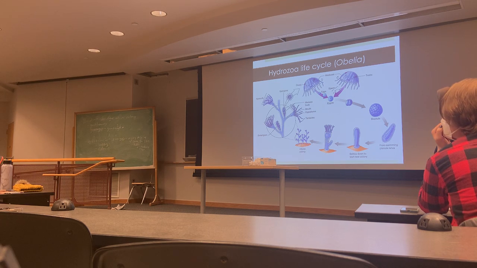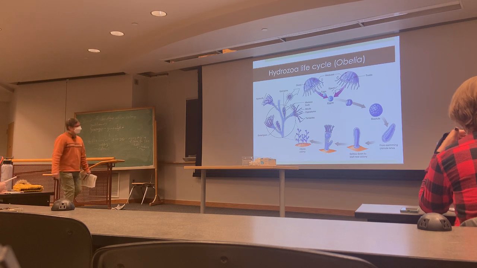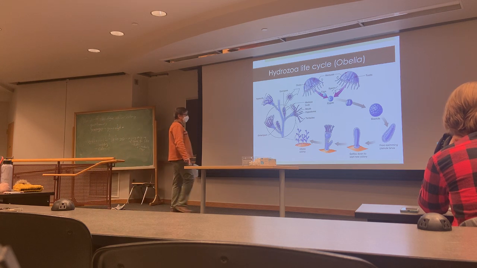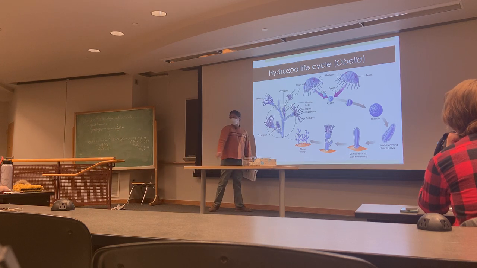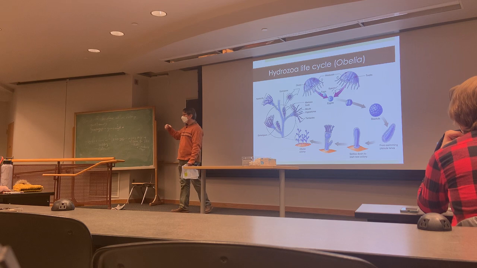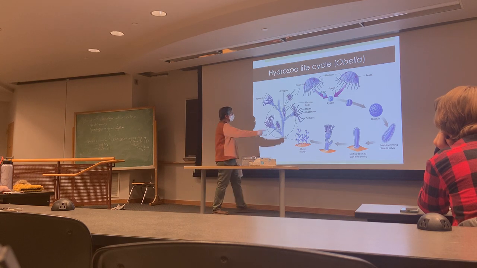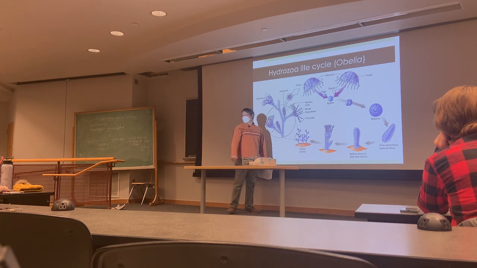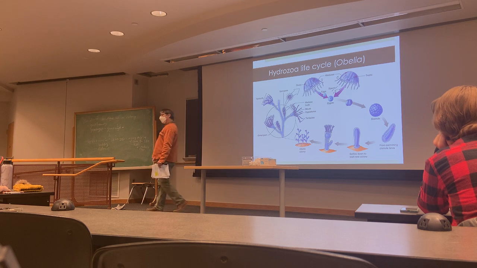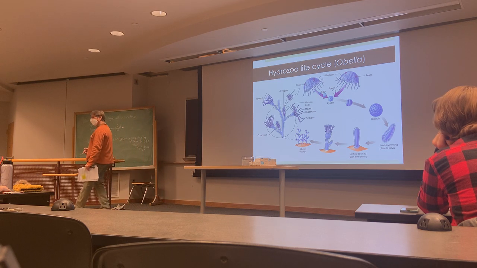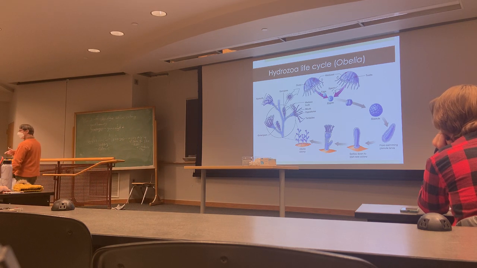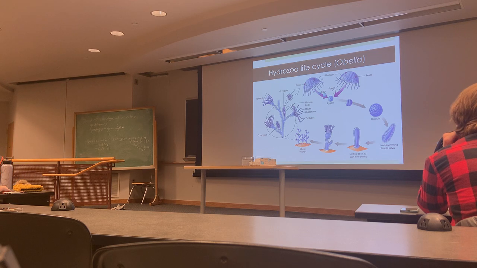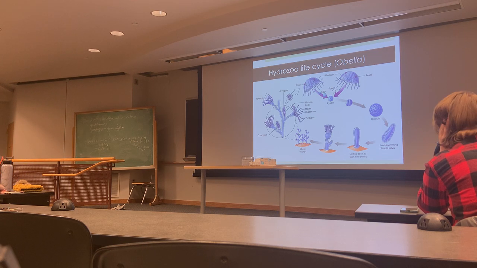Different hydroids do it differently. Some hydroids may be hermaphroditic, simultaneous hermaphrodites in terms of the polyp stage, in which they're capable of producing both male and female medusae. Others may be sequential, where in an early stage they're producing male medusae, and in a later stage female medusae.